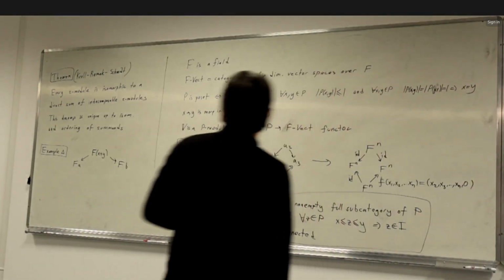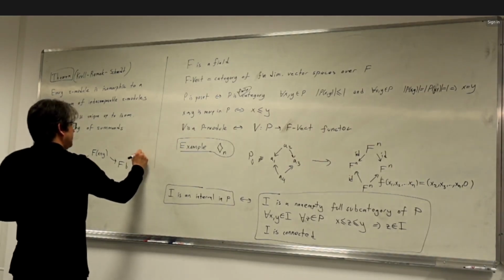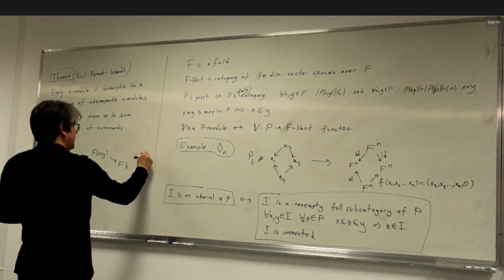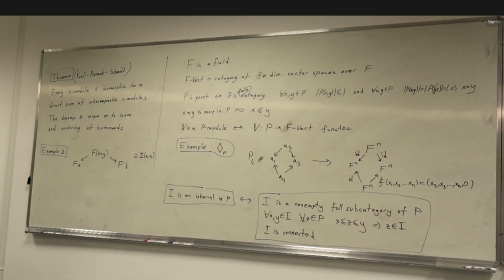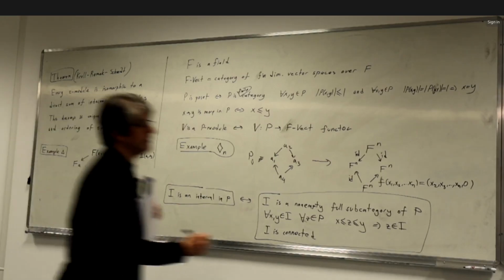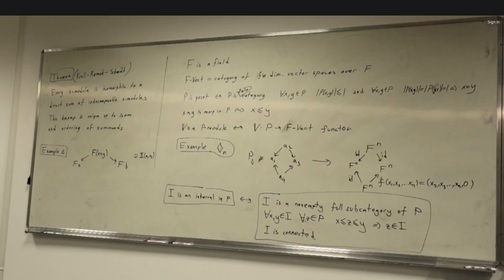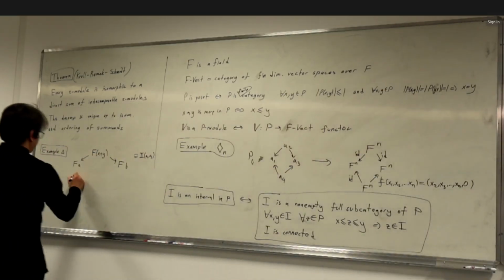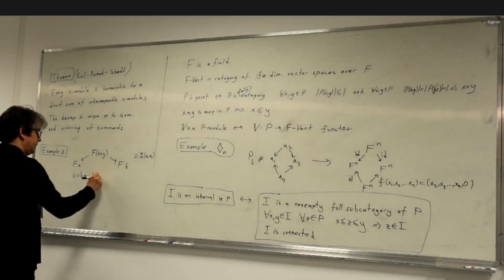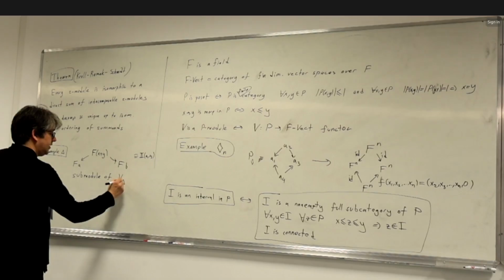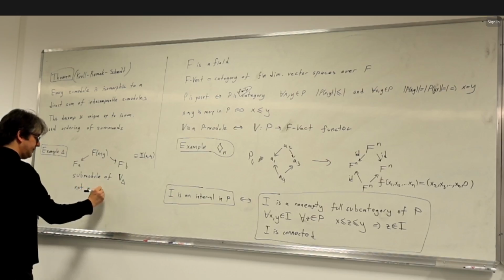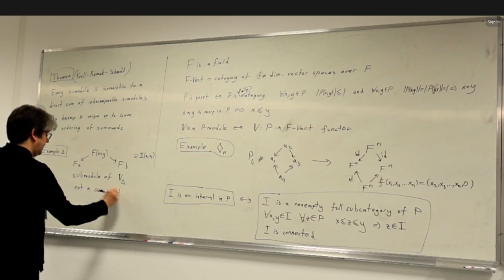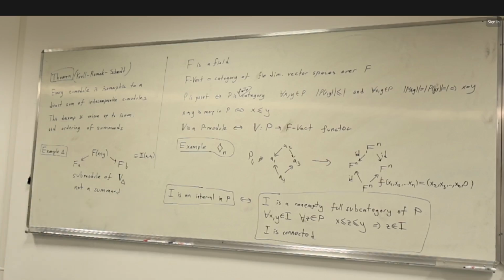It's isomorphic to this interval module from A1 to A3. Well, okay, this is a submodule of V triangle, but not a summand. So although it's a submodule, it's not a summand.